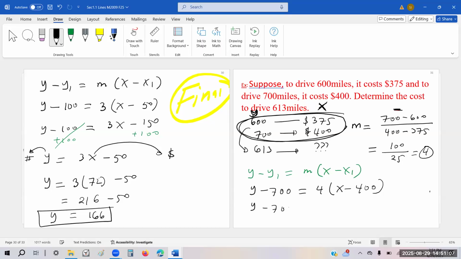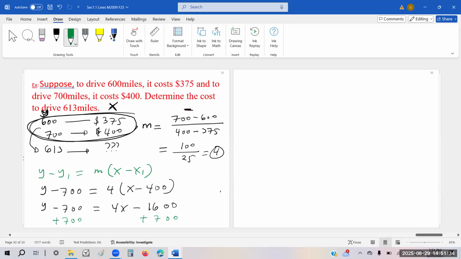So y minus 700 equals 4x minus, easy, right? 4 times 4, 16. So 16 is 1600. What do we do next? Add. We add.